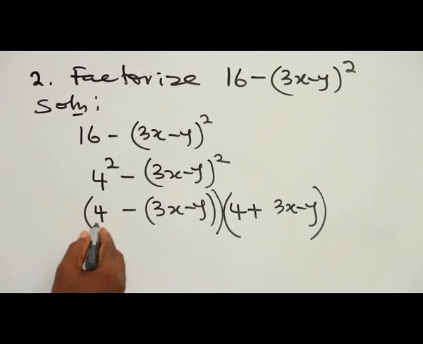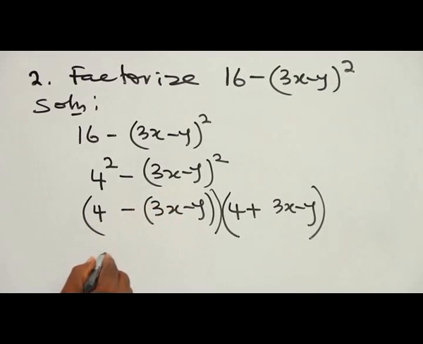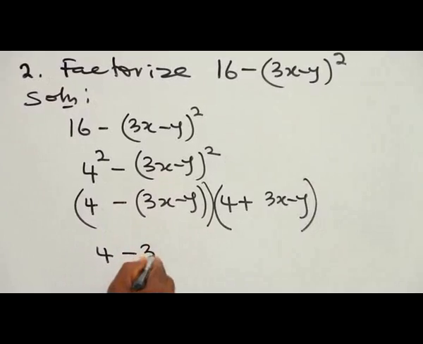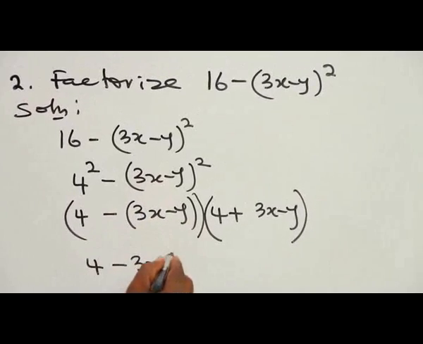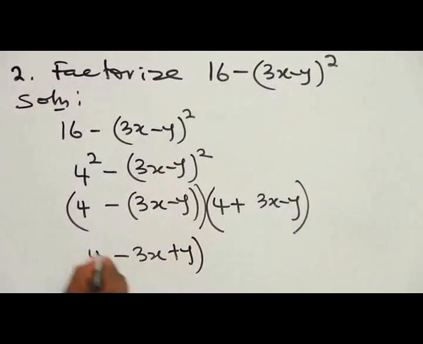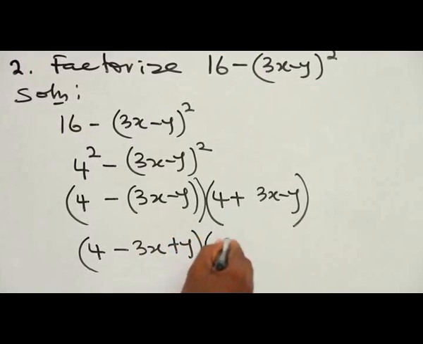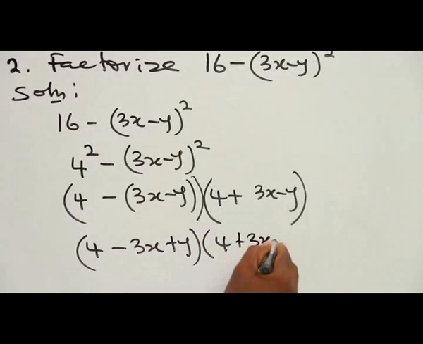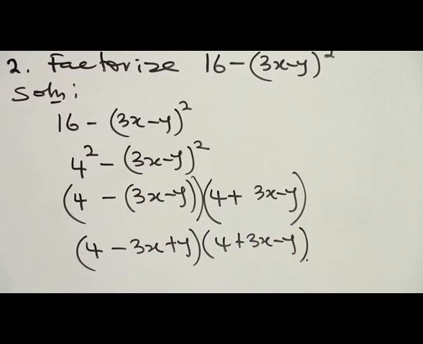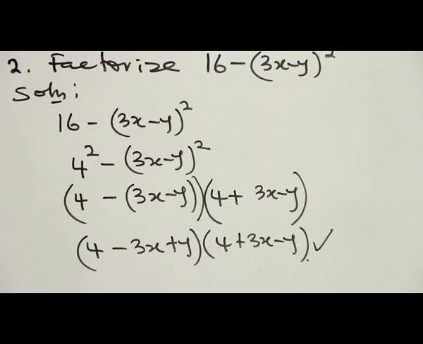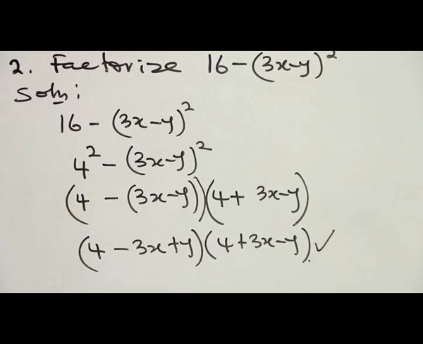So, what happens? You open the bracket inside this bracket, giving you 4 minus 3s minus y is plus y. And then here you have your 4 plus 3s minus y. Now let's see, is there anything we can do further than this? The answer is no. So that is the factorization of that expression.